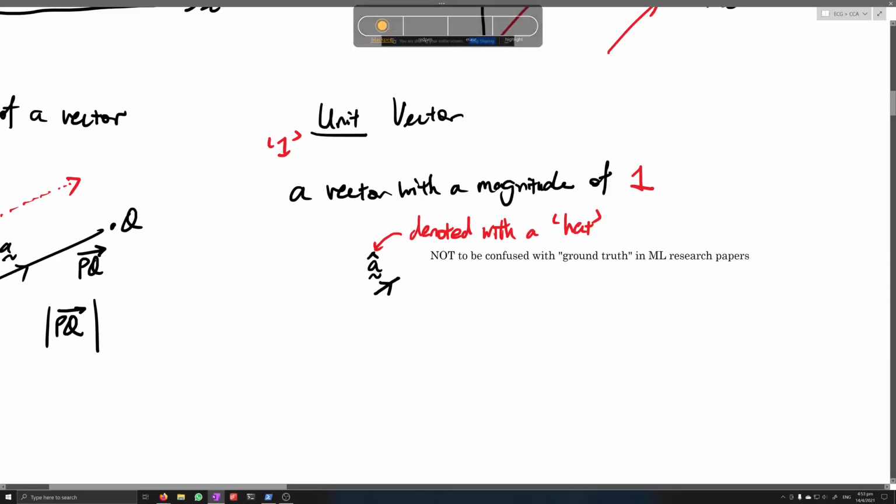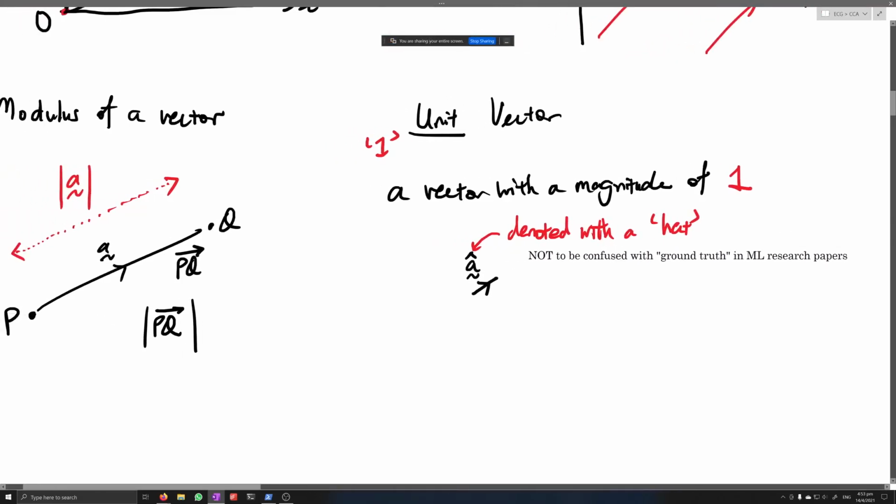A unit vector of, let's say, borrowing this A here, would essentially point in the same direction as the original vector, the only difference being that its magnitude is 1. Okay, so if you have a unit vector, it also follows that the modulus of a unit vector would be 1.